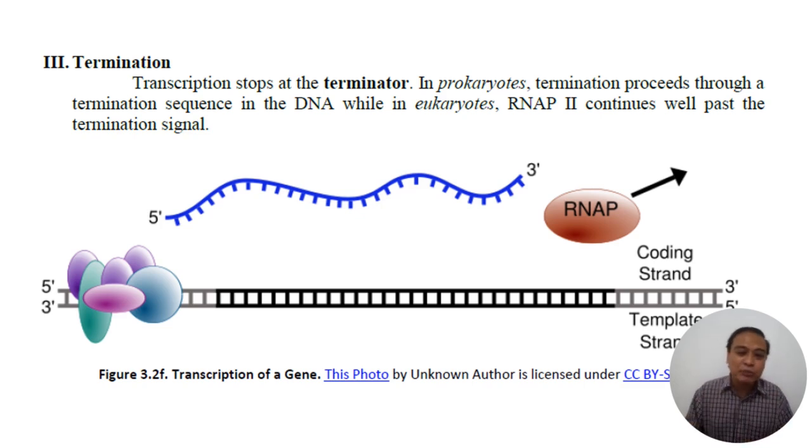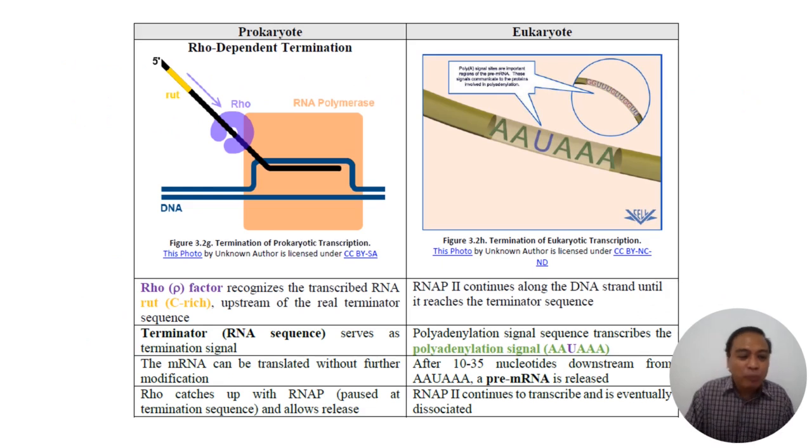There is a difference between the prokaryotic termination and the eukaryotic termination, precisely because the prokaryotic termination is rho dependent, which means there is an added enzyme called the rho factor that will be needed in order to separate the RNA polymerase from the DNA strand, and this will end the production of the mRNA.